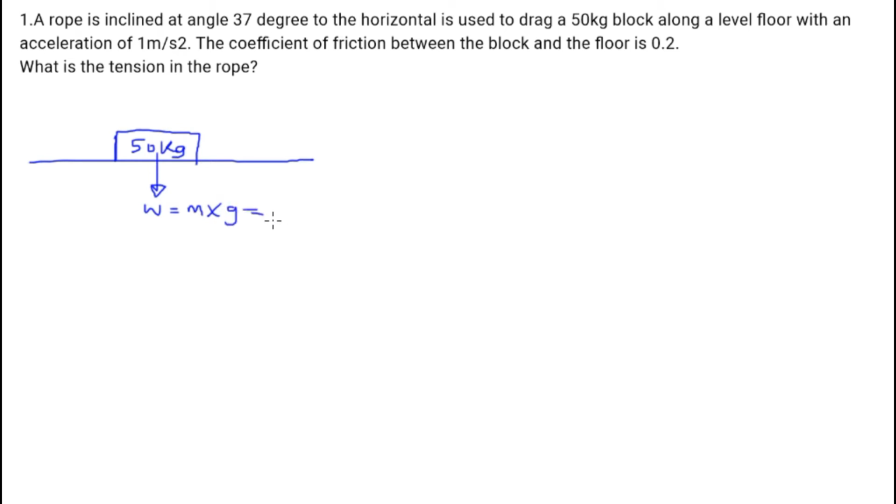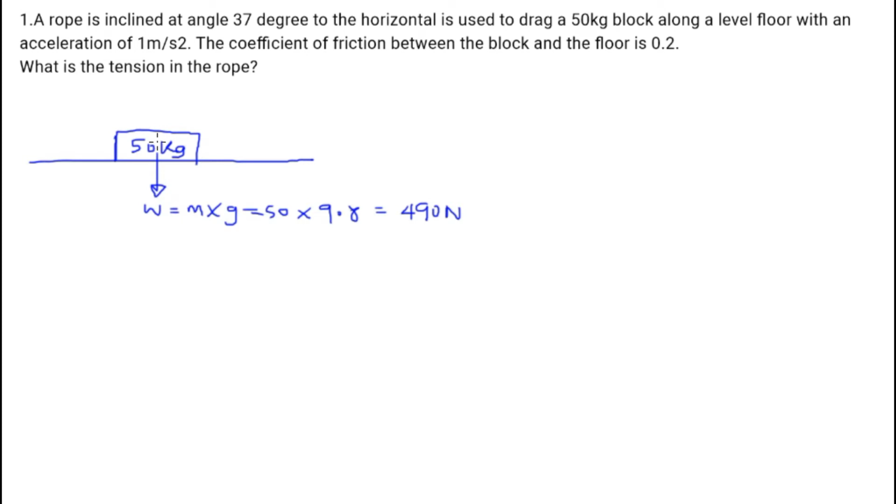Since the mass is 50 kg, and acceleration due to gravity g is a constant given by 9.8 meters per second squared, if we do this correctly, that should be about 490 newtons. Alright, that's the weight of the object.